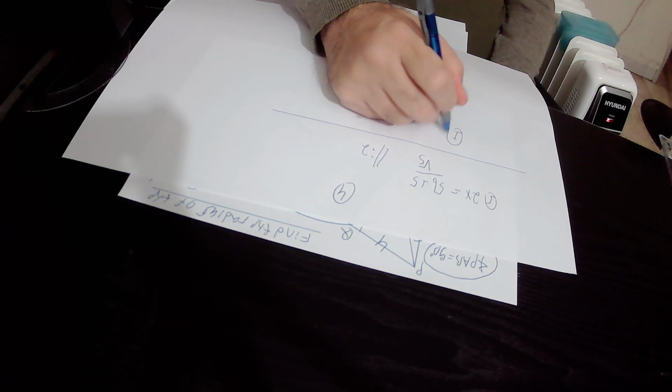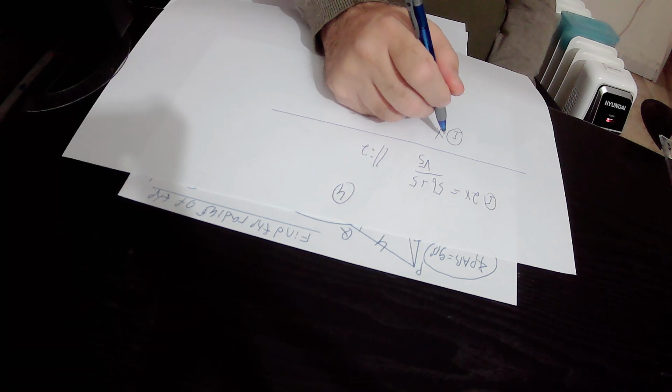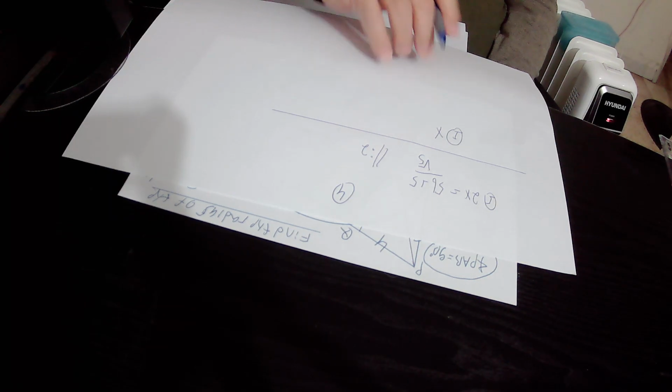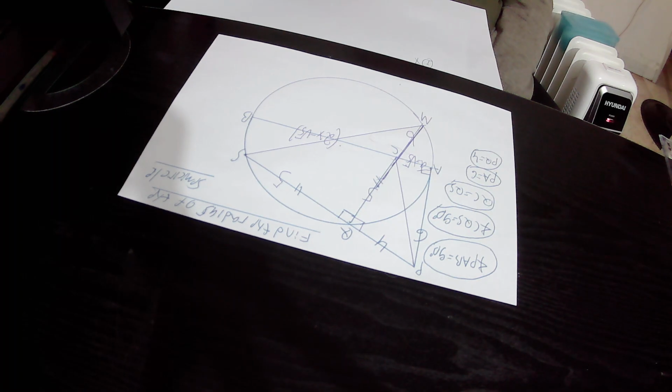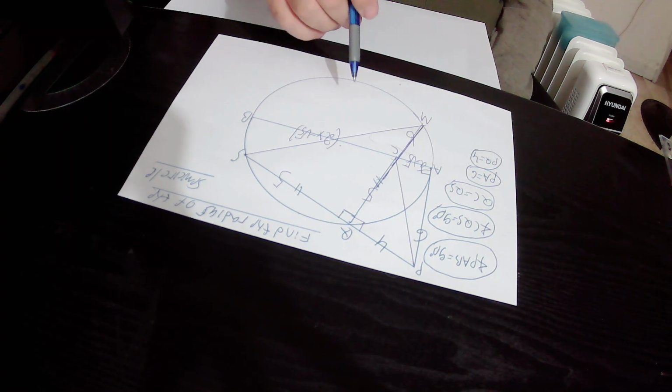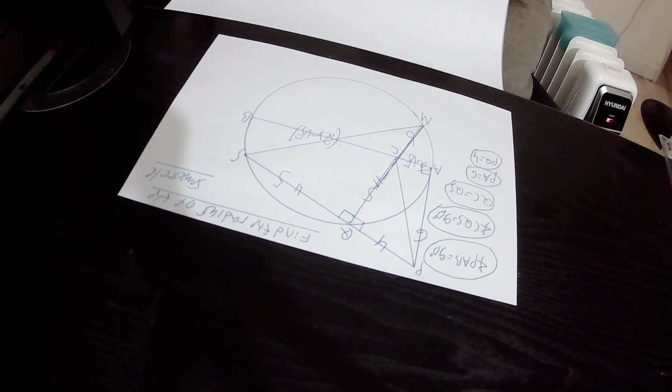that x is the variable that we are looking for, because x is the radius of this circle and also semicircle. And our mission is to find out the radius of this circle or semicircle. That is to say, our mission is to find out the value of x.